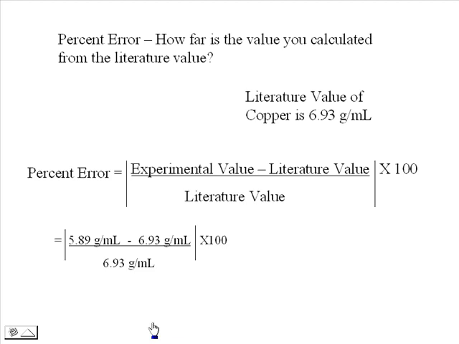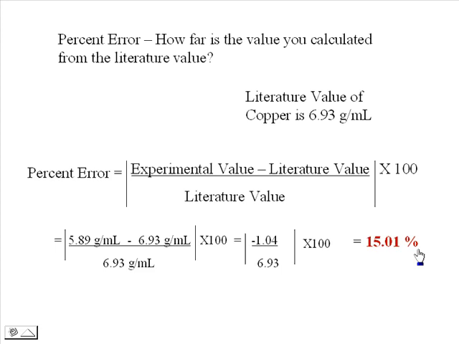Students who may not be very calculator savvy, what we'll do is they will take the numerator up here and get a value of it, which would be a negative 1.04 divided by the denominator. Again, it's the absolute value. So notice that this negative is going to turn into a positive because you're just interested in the value. And when you do that, you get a value of 15.01%.